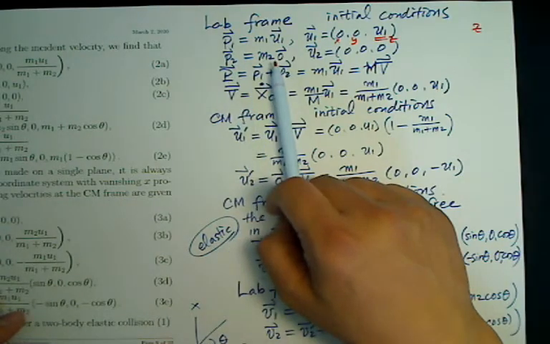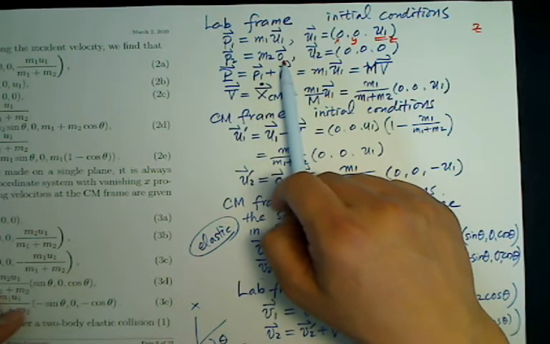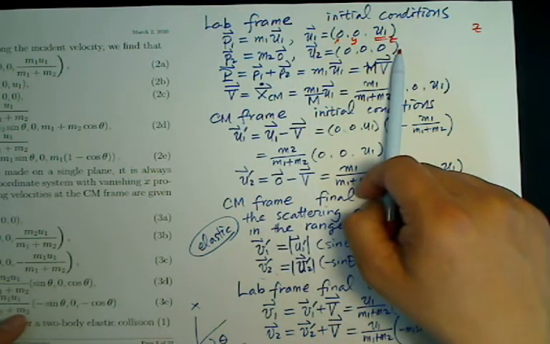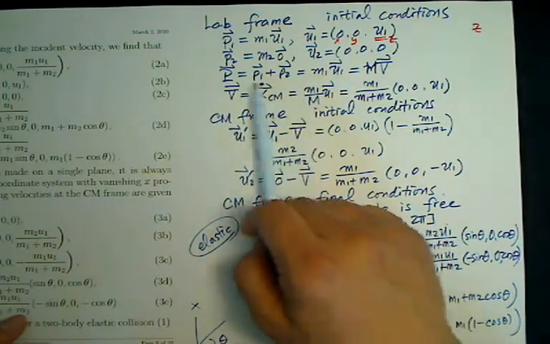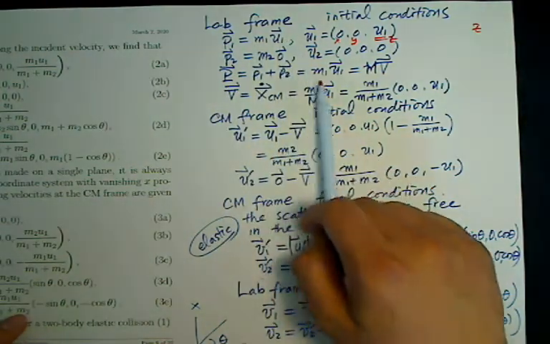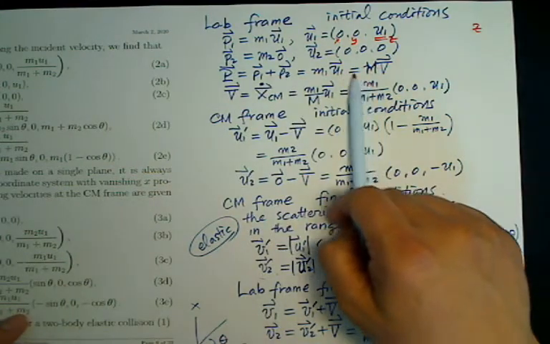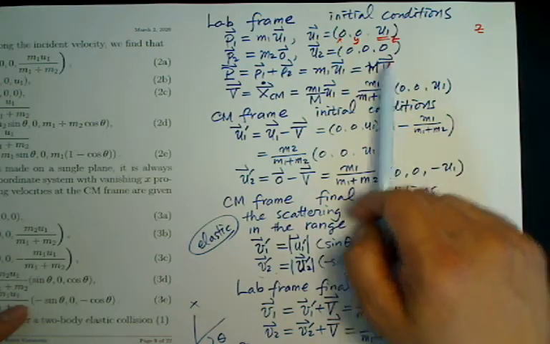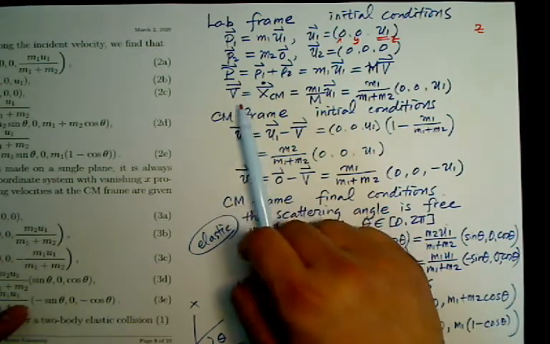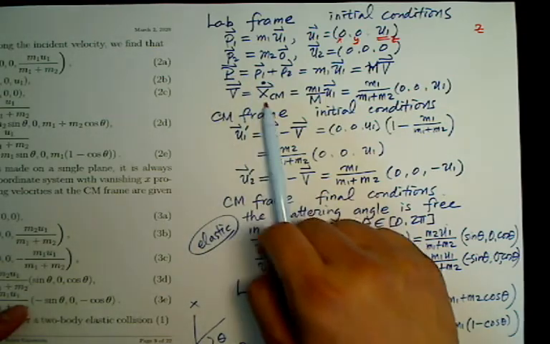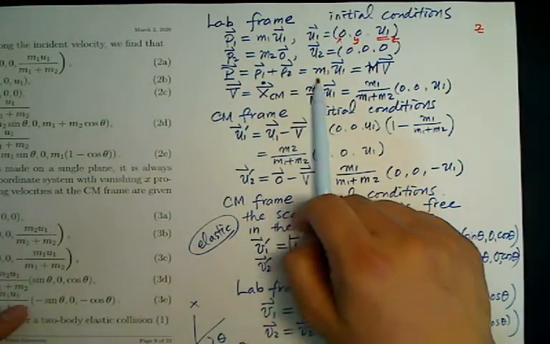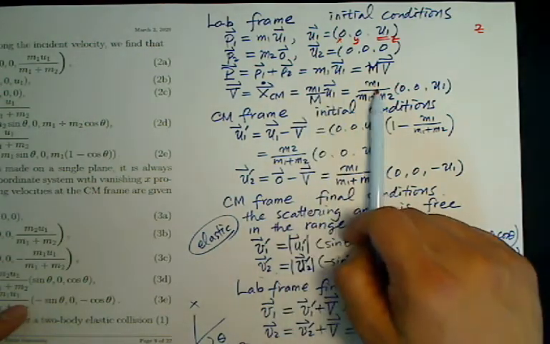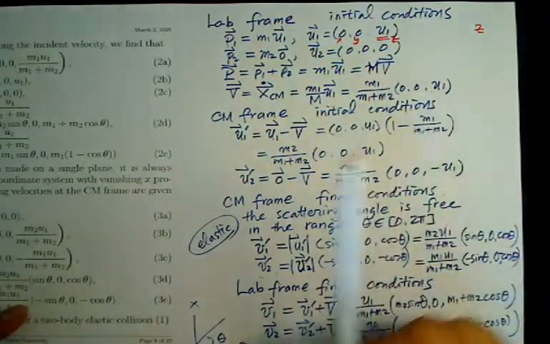P2, the initial momentum of the target particle, must vanish at the left frame. Total linear momentum is just P1 plus P2, that is M1 U1, and that is the total mass multiplied by the center of mass velocity. Because of this, we find the velocity of the center of mass should be the momentum at the left frame divided by the total mass, that is M1 over M1 plus M2 times U1.